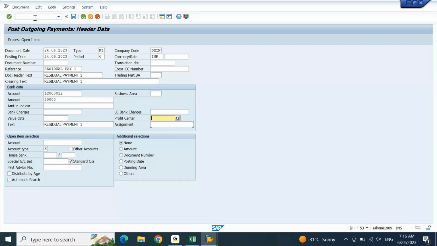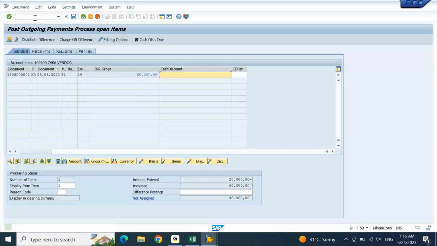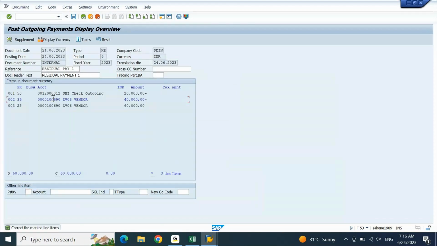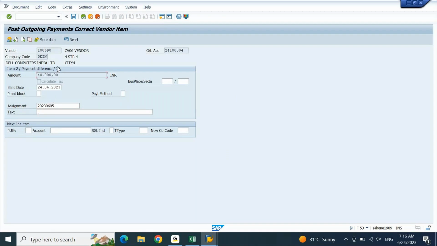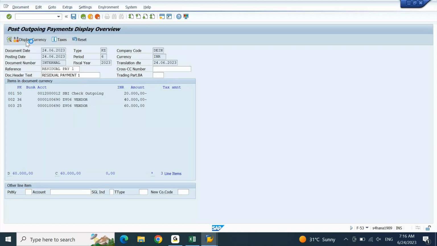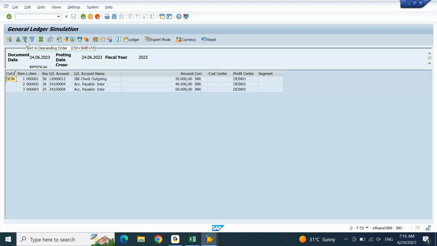Text, I'll put profit center. Go to residual payment column, minus 40,000. Let's go to document, simulate, something in the text, go back, simulate general ledger. Now is it working? Yes, sir.